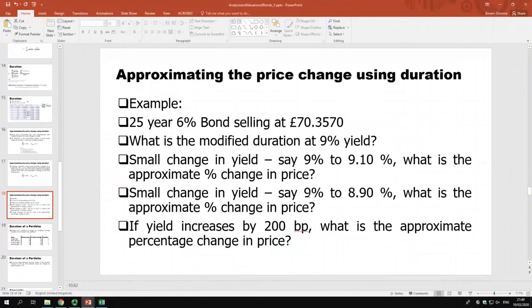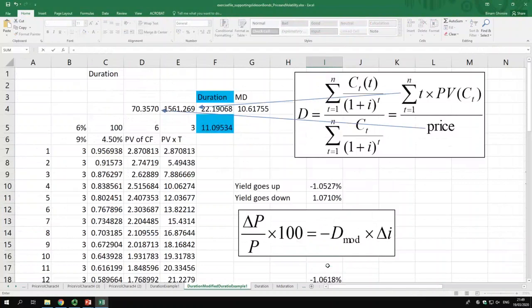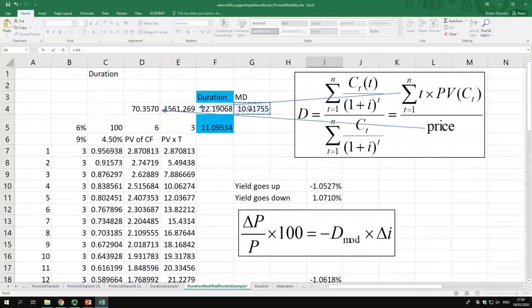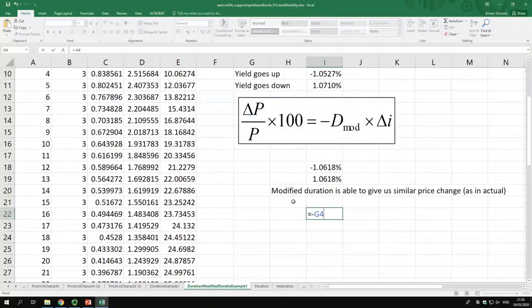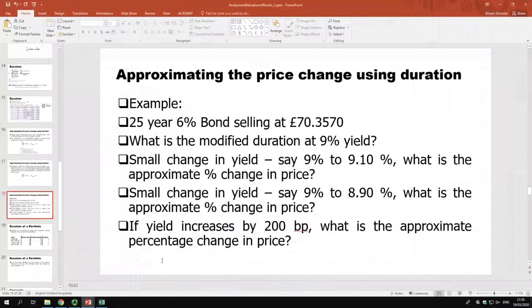But what happens if yield increases by 200 basis points? Then in that case it is the modified duration, which is this. We need to put it in minus, so minus modified duration, which is this, and then 200 basis points. That's what the question is asking you, 200 basis points.